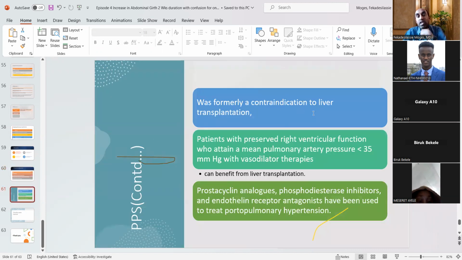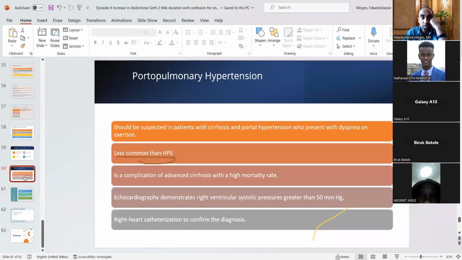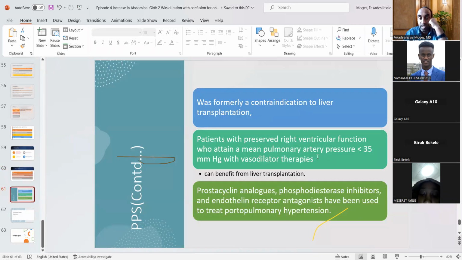It was formerly a contraindication for liver transplantation, but nowadays, if you treat them with vasodilators and the pulmonary artery pressure becomes less than 35, then they can still be a candidate for liver transplantation, okay? In the past, automatically, if a patient had portopulmonary hypertension, it was a contraindication for liver transplantation.